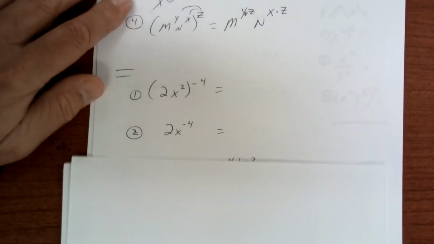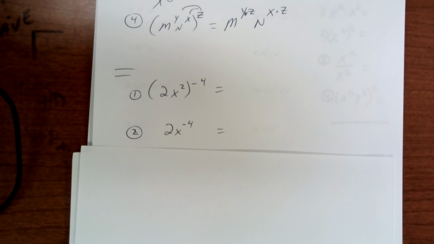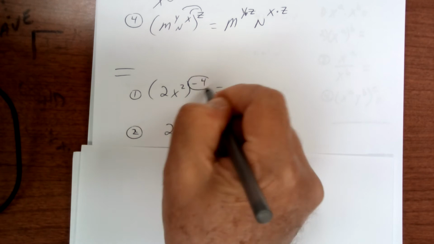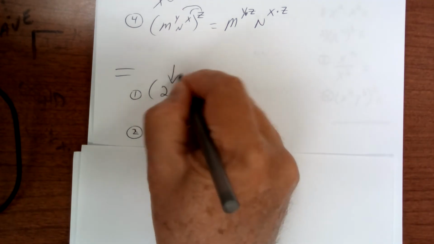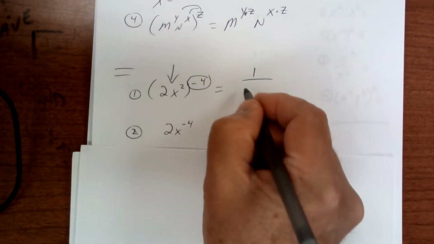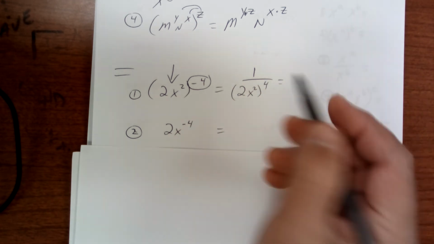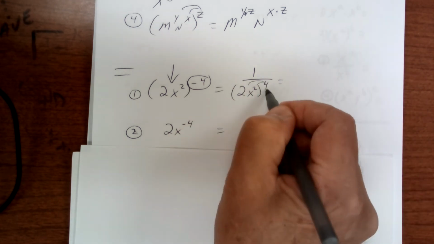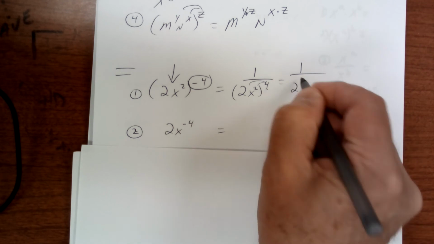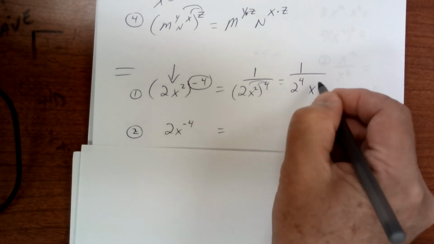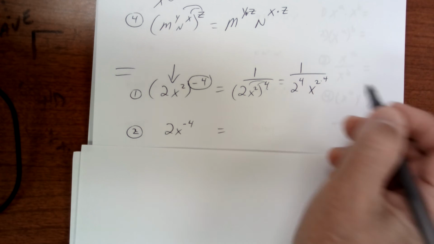Copy down those two. The difference here is all of this is to the negative power, so I'm going to push all of that down. So it becomes 2x squared to the 4th power like that. So now everything inside here gets a 4. So it's going to be 1 over 2 to the 4th power, and you got to multiply that.